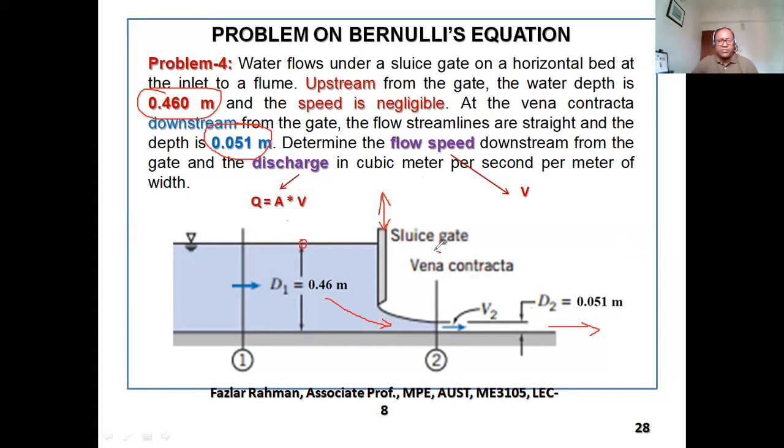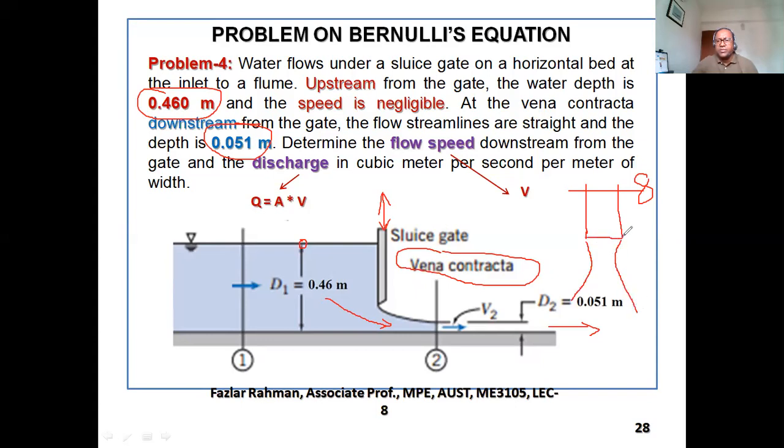Now this is one term that is coming. What is vena contracta? Vena contracta means, if you look carefully, say when you're taking a shower, you open your water tap in full, then you see water is coming down. Then it's spreading, right? But you will see it coming like that.